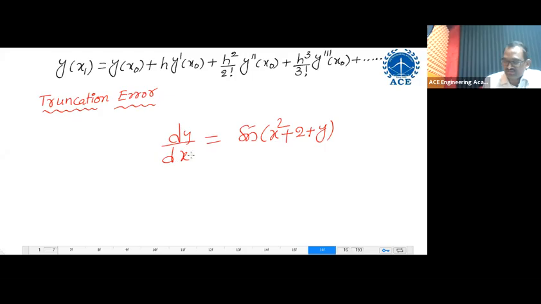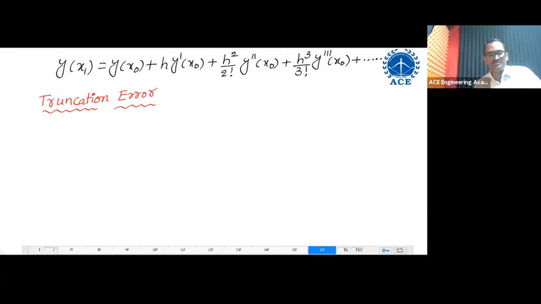You cannot find the solution of this differential equation directly. Its solution can be determined using Taylor series or Euler's method or modified Euler's method, etc.